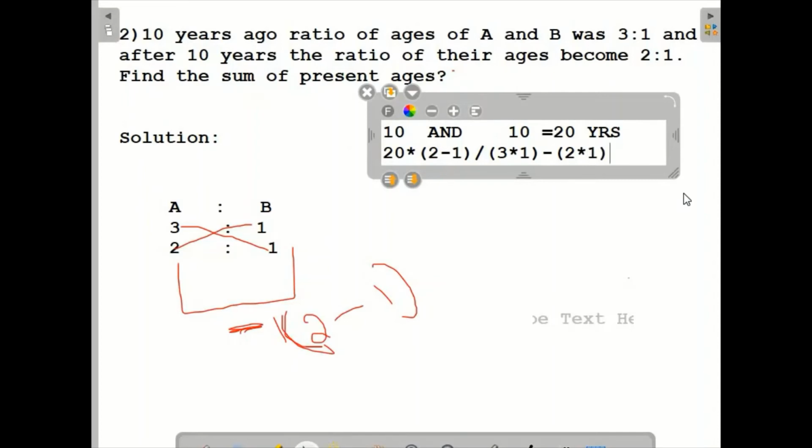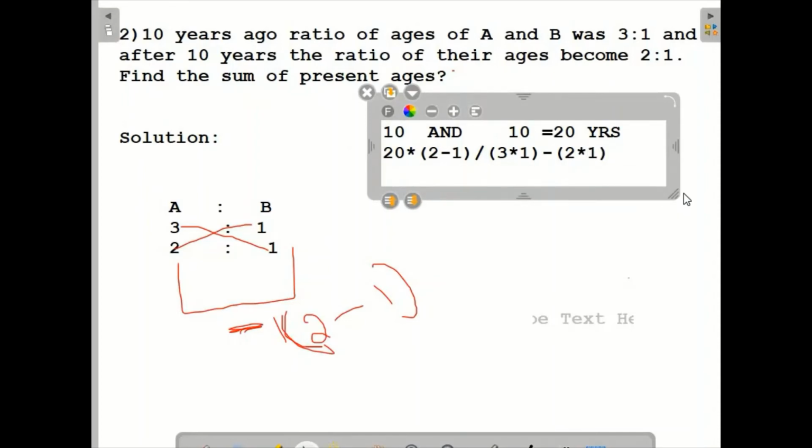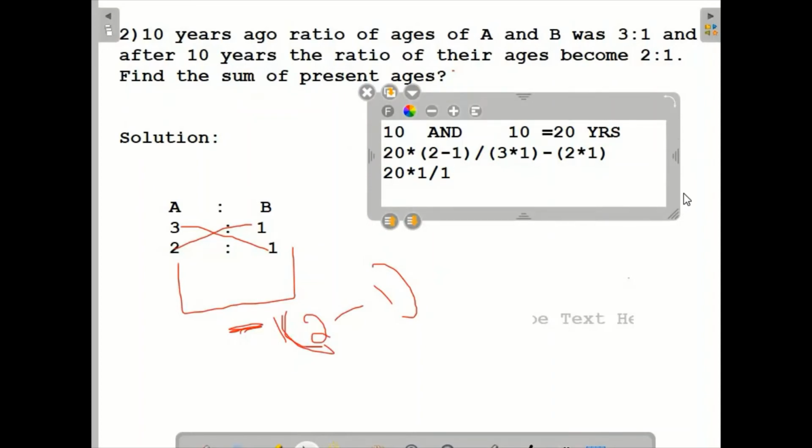Okay, so find out that 20 into 1 divided by 3 into 1 is 3, 2 into 1 is 2, 2 minus 3 is 1. So we have the answer 20.